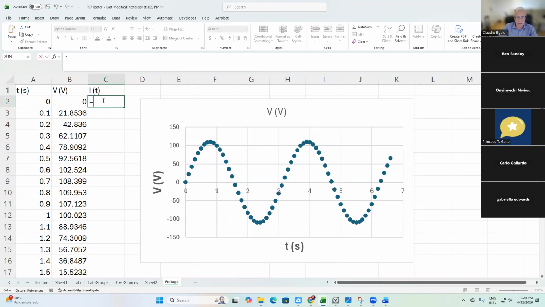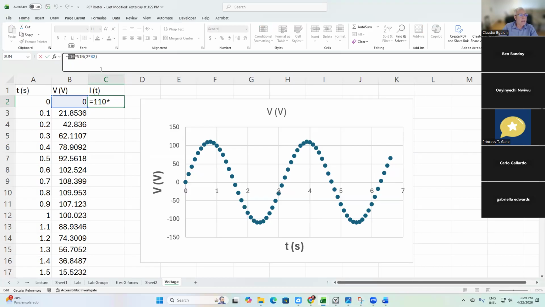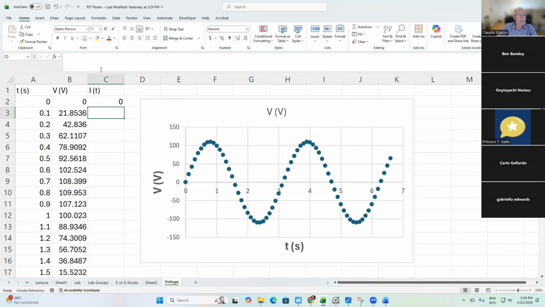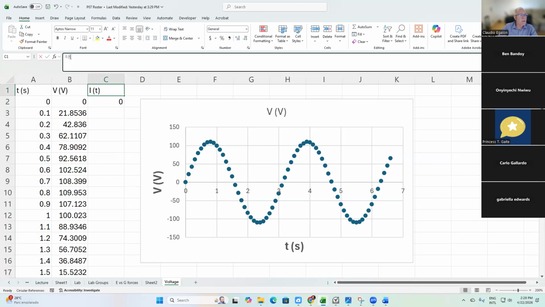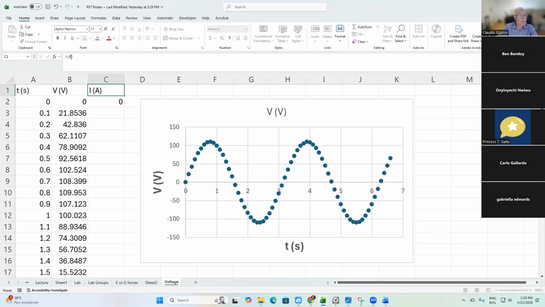Let's see how I'm going to do that. Instead of 110, let me use 90. It is not T, sorry, it's going to be amperes.